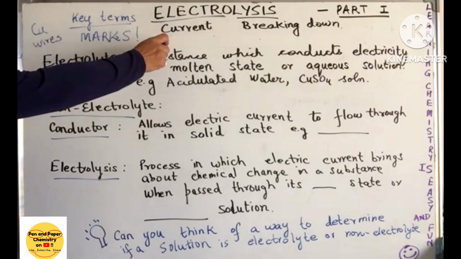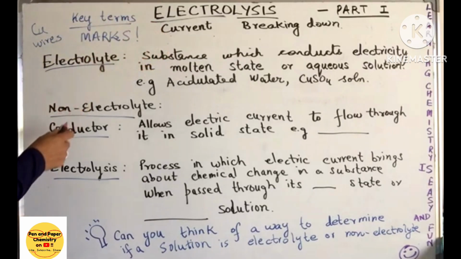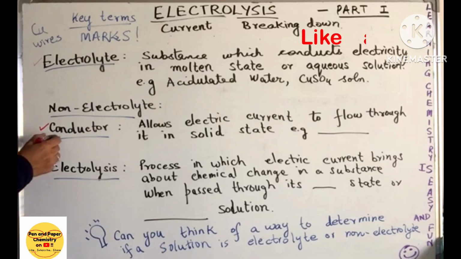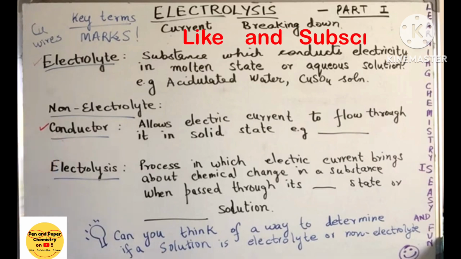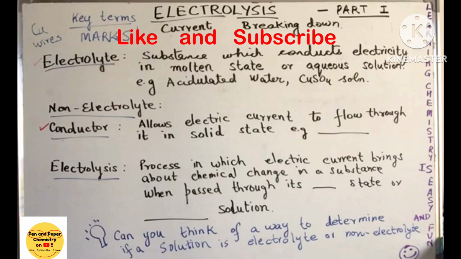Before we go on to define electrolysis, we need to distinguish between two terms, conductor and electrolyte. Just now I gave you the example of current coming to your homes through copper wires. That's an example of a conductor, right?